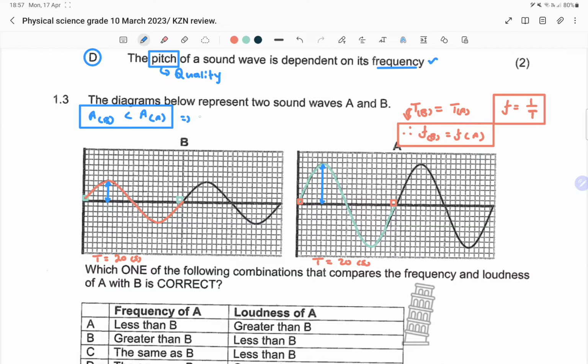This implies that the sound of A is louder than sound B, because B has a smaller amplitude than that of A. So basically these are some of the things you want to cement in your mind.